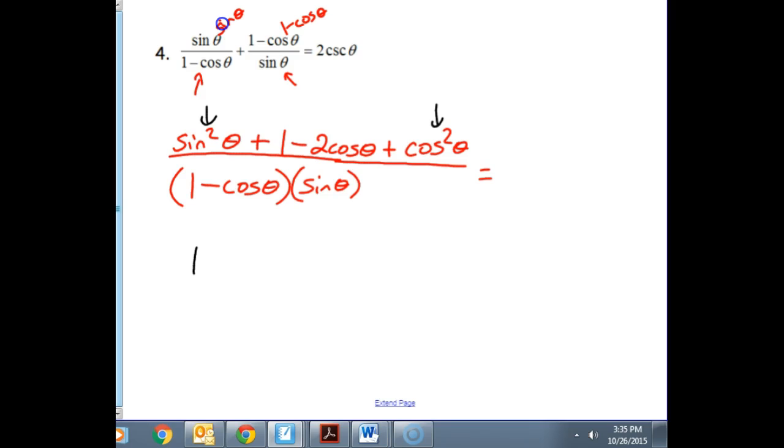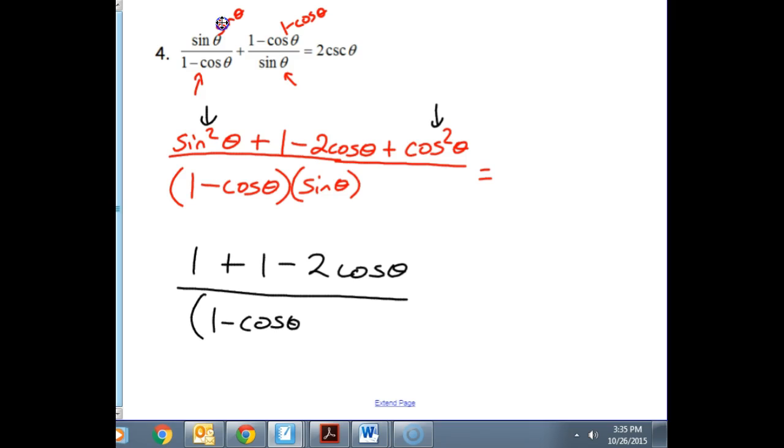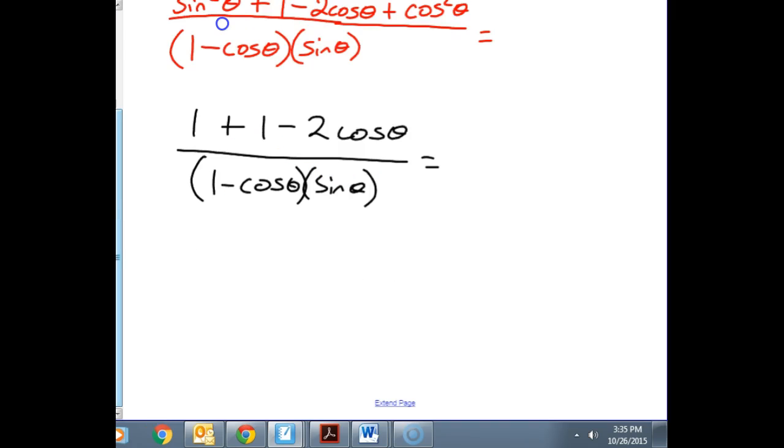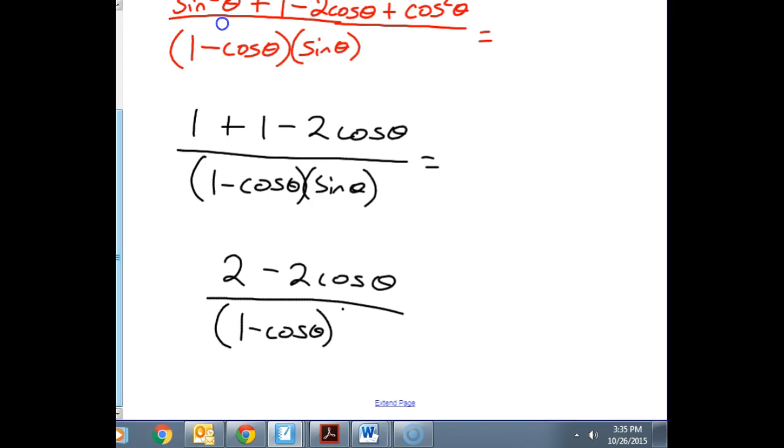So it's going to be 1 plus 1 minus 2 cosine of theta, all divided by 1 minus cosine of theta times sine of theta. Alright, combine like terms and you get 2 minus 2 cosine of theta all over 1 minus cosine of theta sine of theta.